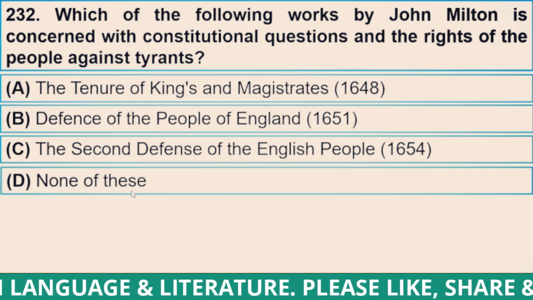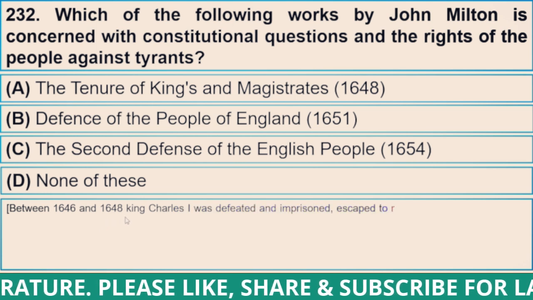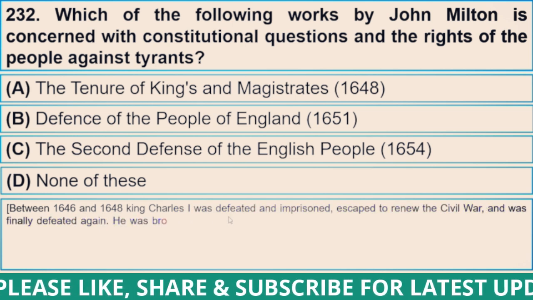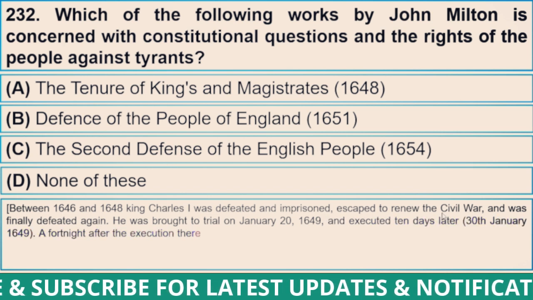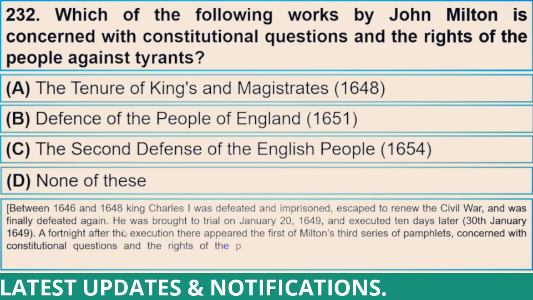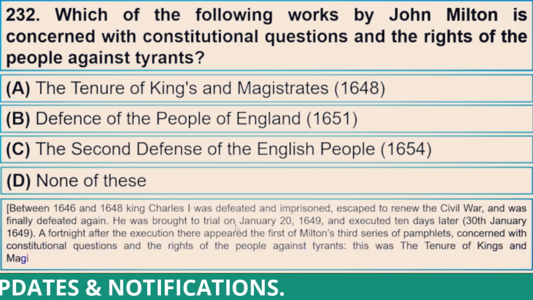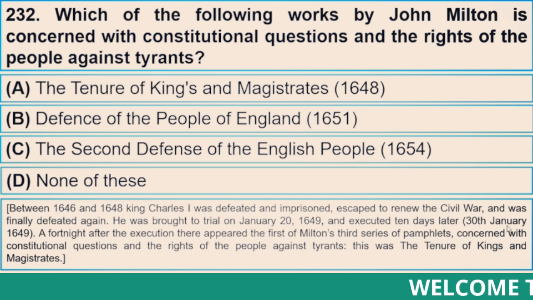Here, between 1646 and 1648, King Charles I was defeated and imprisoned, escaped to renew the civil war, and was finally defeated again. He was brought to trial on January 20, 1649, and executed 10 days later, that was 30th January 1649.